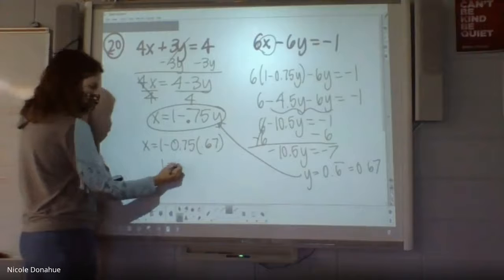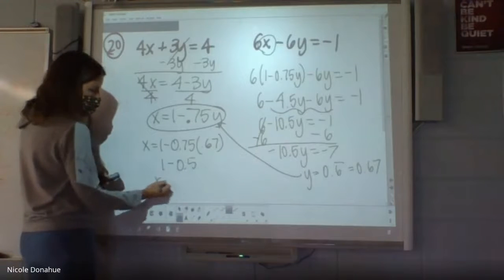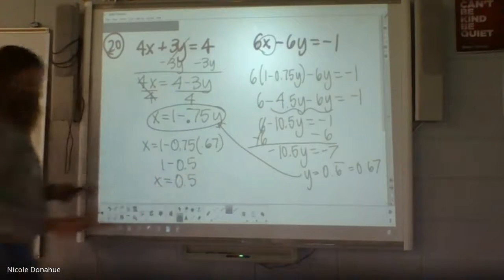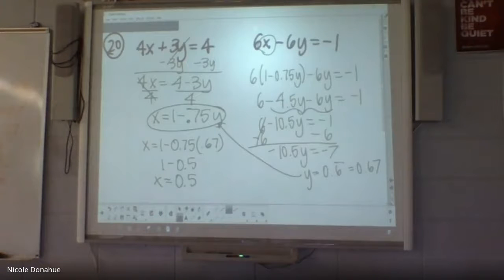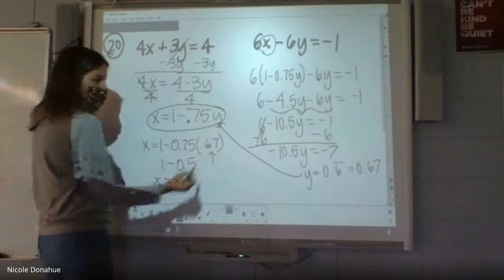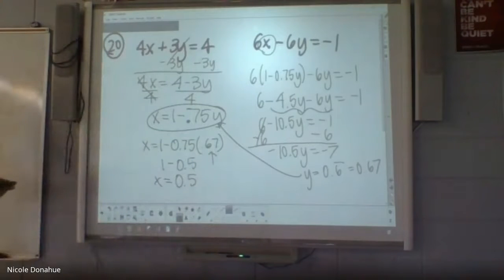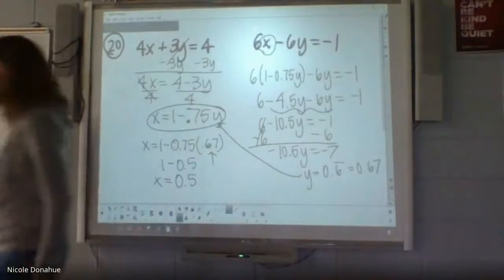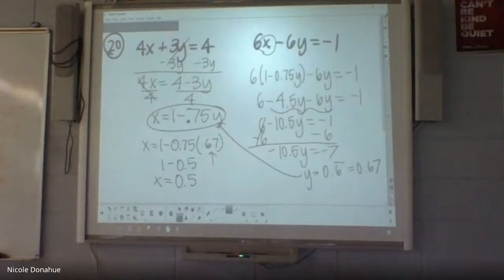This ends up being 1 minus 0.5, so x ends up being 0.5. And again, when I multiply that back in, I didn't have to do any rounding, I left this crazy number in my calculator and just multiplied by 0.75.